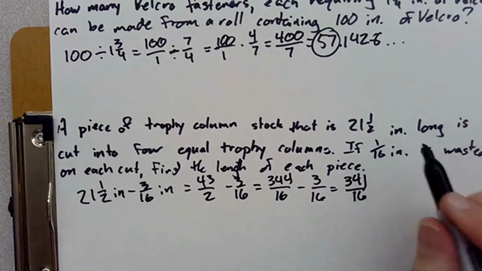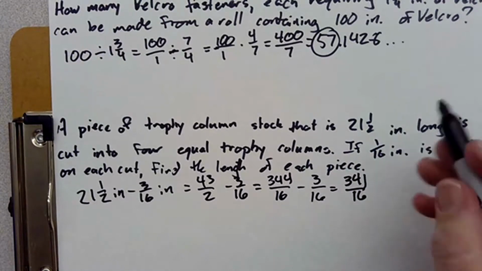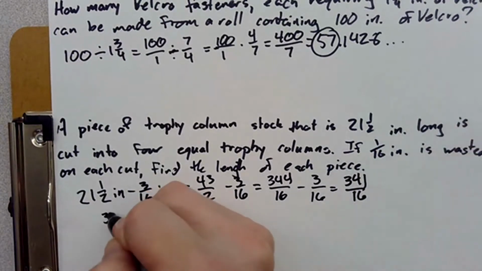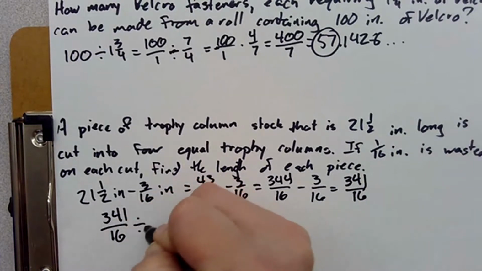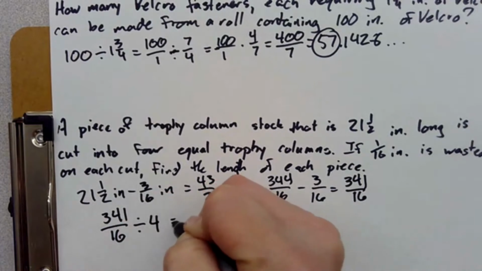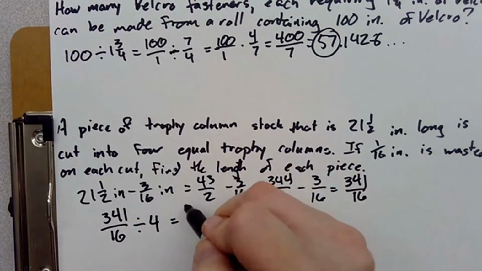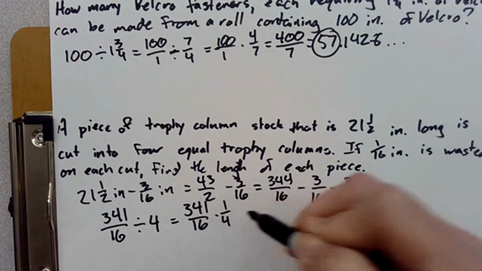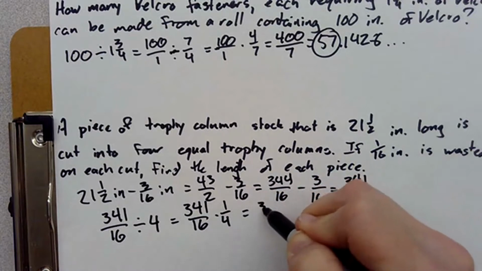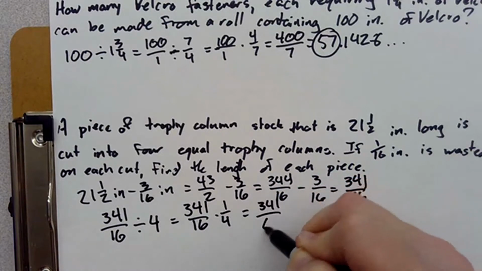So now we can divide this by 4, which is the same as multiplying by 1/4, which gives us 341 over 64.